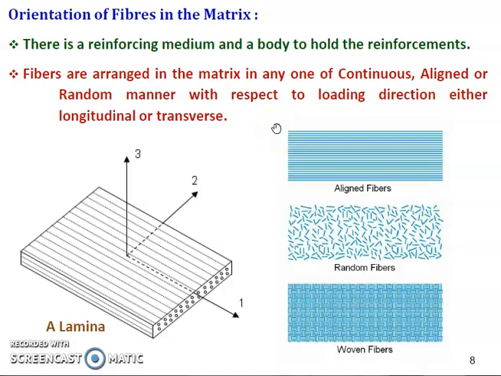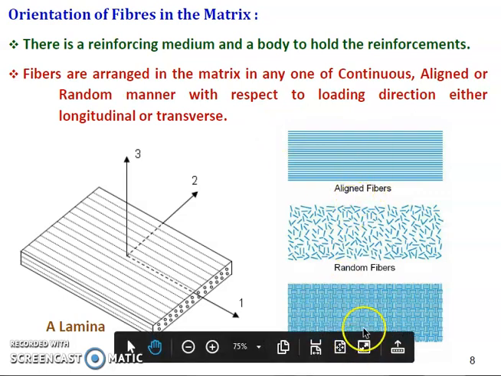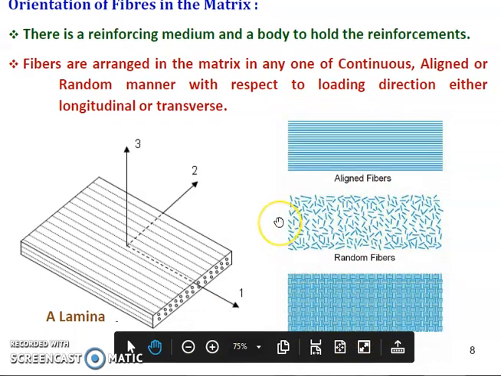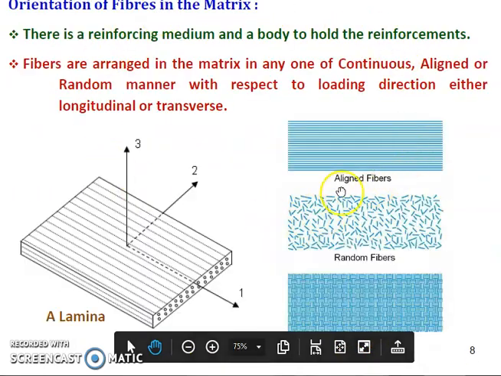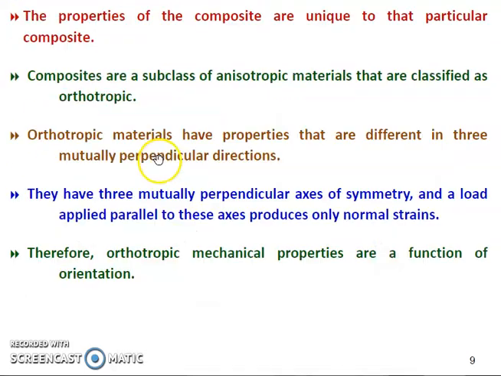Based on the orientation of fiber, there are three types: aligned fiber, random fiber, and continuous fiber. These are the different fibers which can be classified. The properties of composite materials are unique to particular composites because they are anisotropic materials. In anisotropic materials, the properties vary in mutually perpendicular directions.